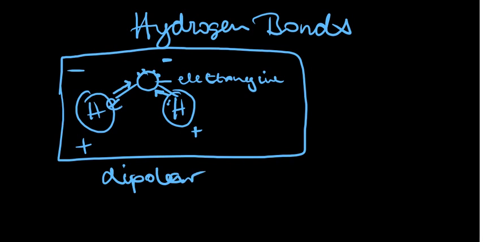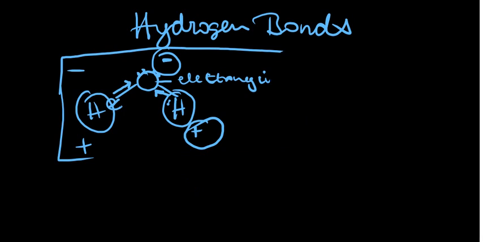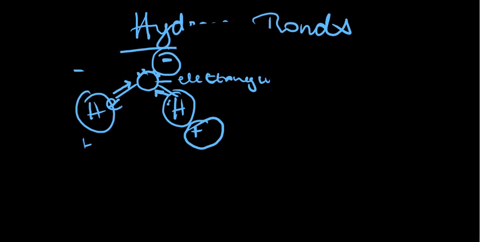Okay, it's dipolar. Di means two. Polarity is where we're talking about positive or negative. So it's got two poles, the negative pole and the positive pole. If it has two charges, it can equally get attracted to a different water molecule due to opposite charges. Let me just highlight this.